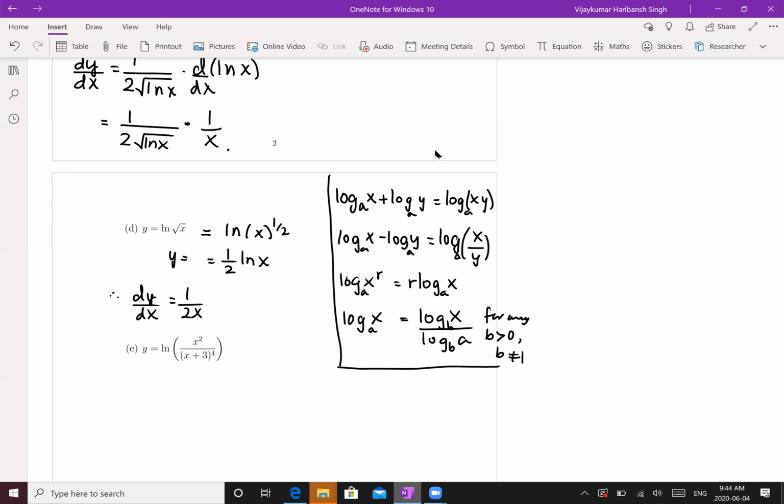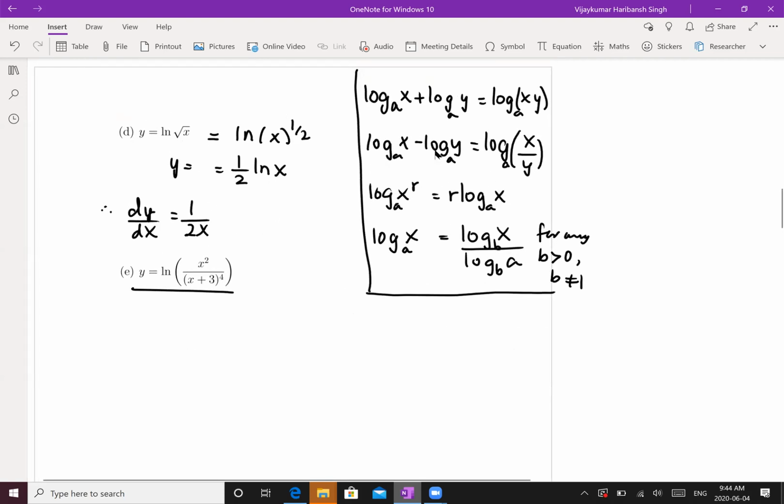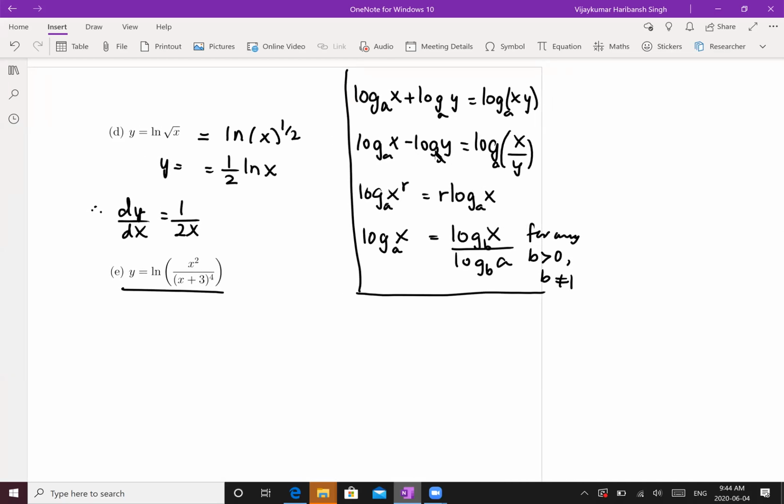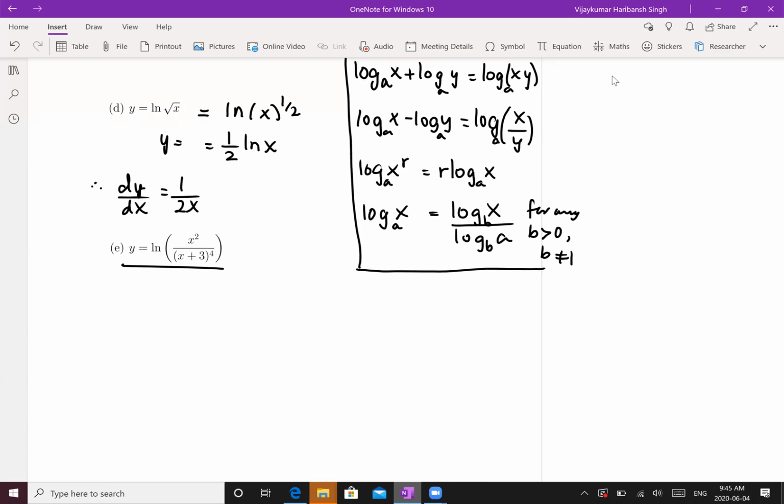Okay. So now let's look at this problem. Now instead of trying to employ the chain rule, why not break it using properties of log? First we'll basically simplify it.